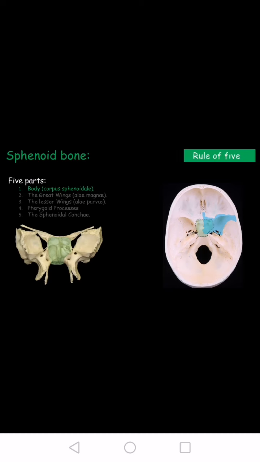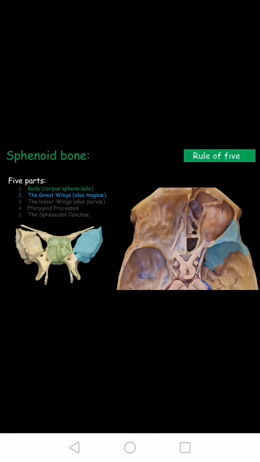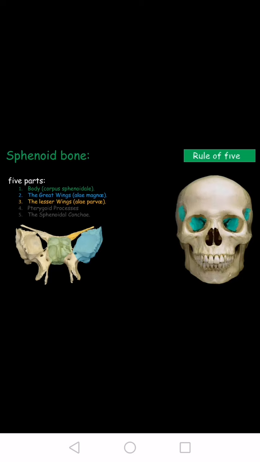The sphenoid bone also is made of five parts: the body, and greater wings with the part that is flat and facing the lateral face of the skull, as you can see here, and it makes an important contribution to the middle fossa, as well as the lateral and the posterior wall of the orbit, as you can appreciate in this image.